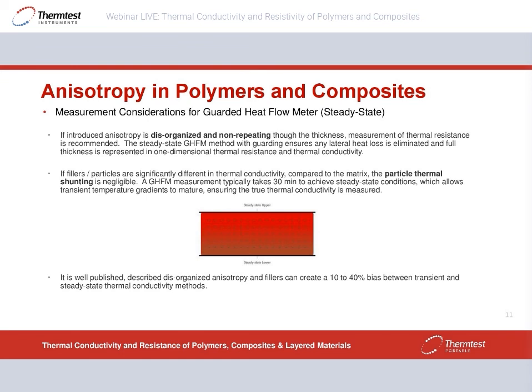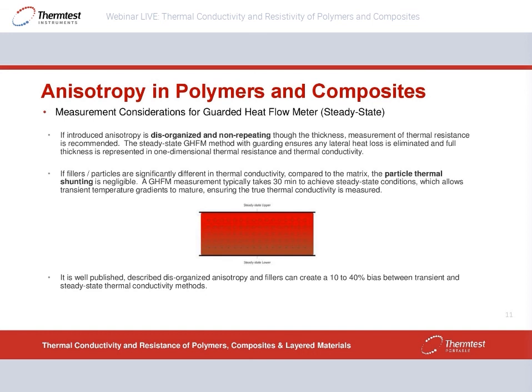If you're measuring this same type of sample with a steady state approach, and the anisotropy is disorganized and non-repeating, it could also be organized and repeating of course, the measurement of thermal resistance is recommended. Why? The guarding will ensure against any lateral heat loss, so that's eliminated in that setup. Full thickness, this is the more important part.